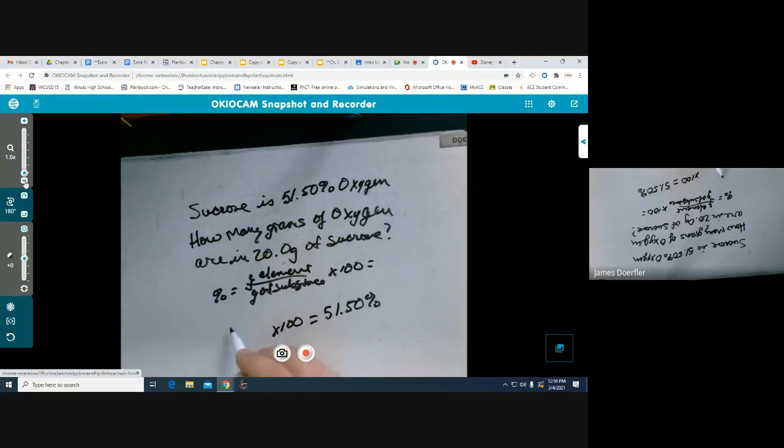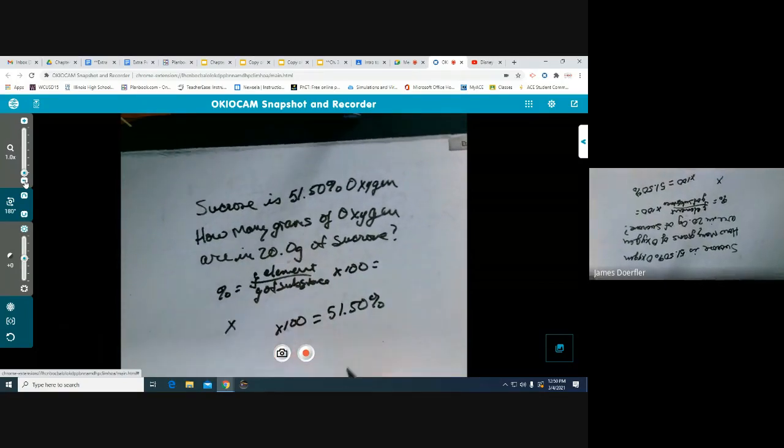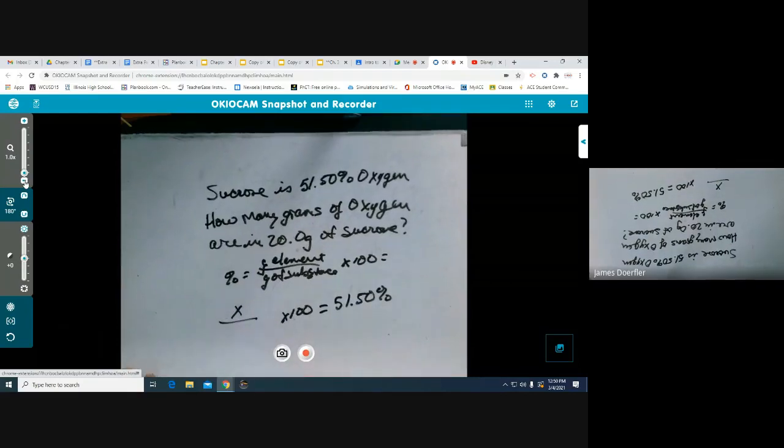And so X becomes our oxygen divided by our total mass of our substance. And then we just work backwards to solve for X.